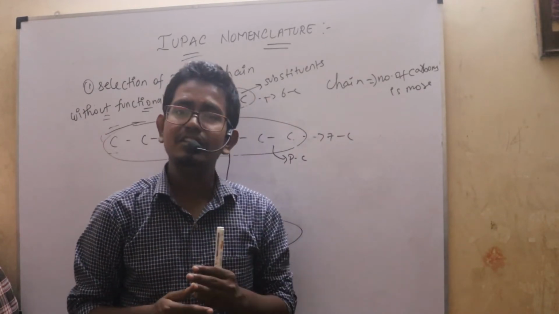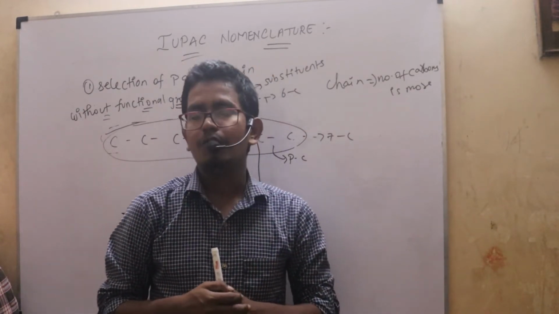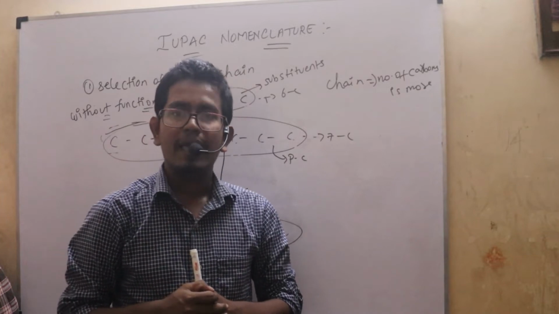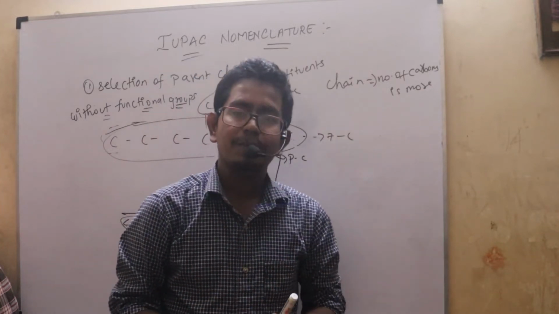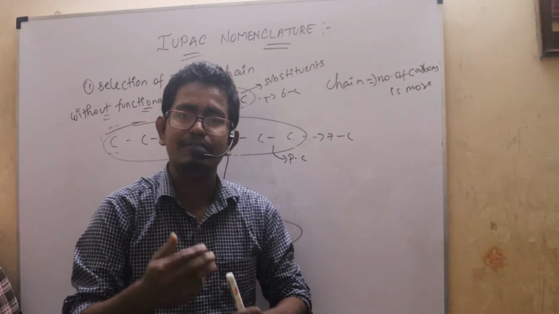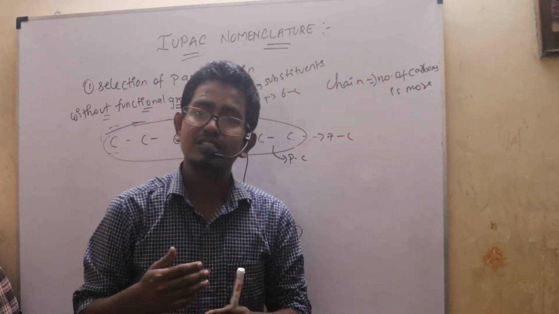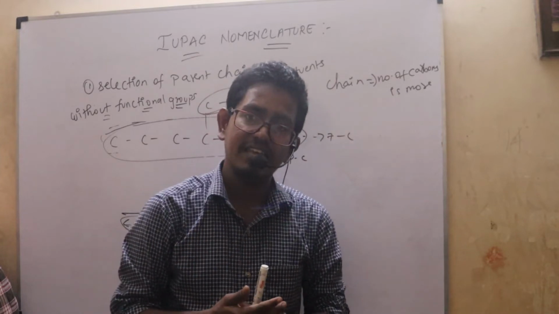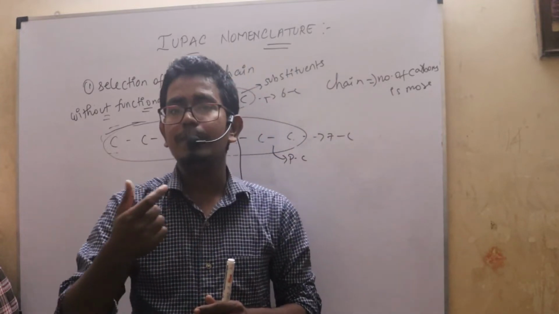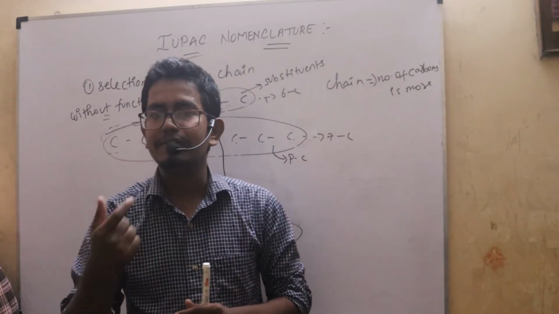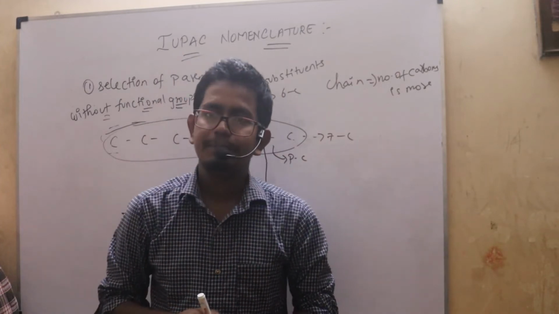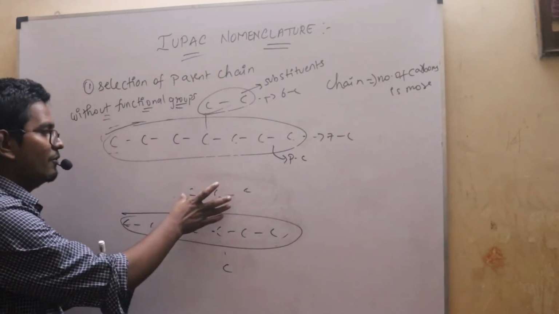If we have many possibilities for a parent chain as the number of carbon atoms is the same, then we should see the parent chain in which more number of branches are there. If more branches are there in any one possibility, then that possibility will be known as the parent chain, right? So you may have understood.